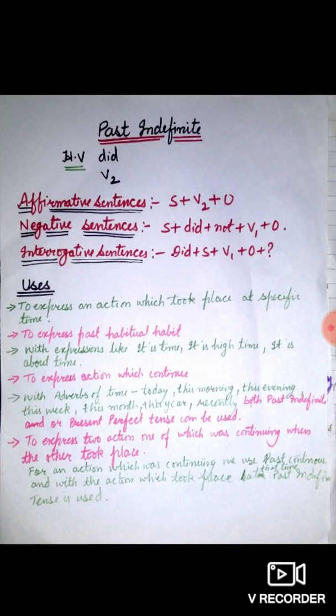I would like to cite examples of the past habitual actions making use of used to, would, and past indefinite. He went on Sundays. She always invited me to dinner. This is past habitual action of someone.